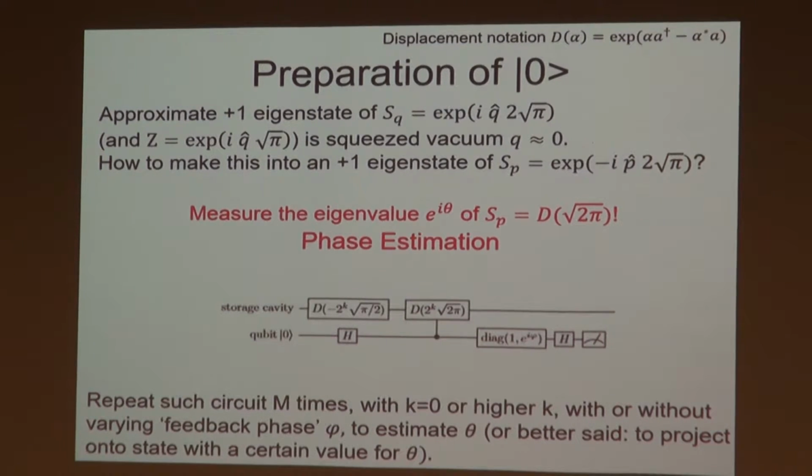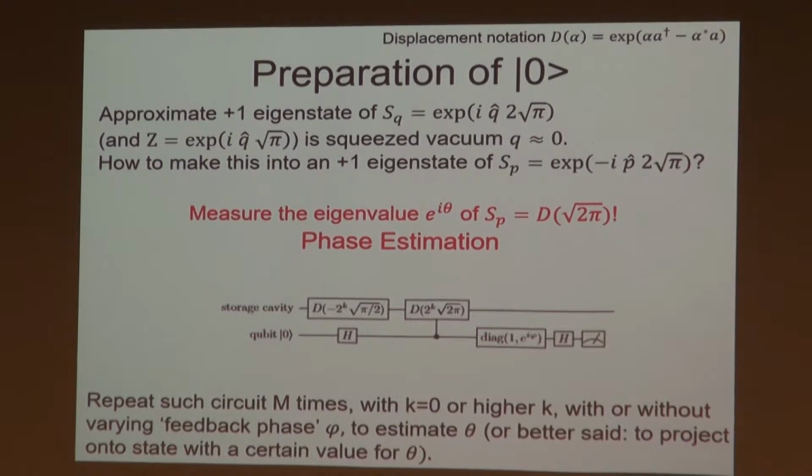The typical way you do this in the factoring algorithm or other means is to use circuits which use this tool, U to the K. So I have a qubit that starts in a plus. I do some U to the K. I may do some other qubit rotation, and I measure the qubit in the plus-minus basis, and I repeat something like that. And every time I do such a circuit, I get one bit that tells me something about this phase. And I do this repeatedly. I have this cavity state, I do this circuit, outgoing cavity state. Next qubit comes by, takes that outgoing cavity state, does the same thing.